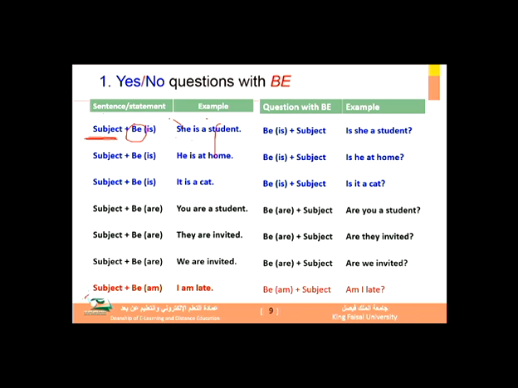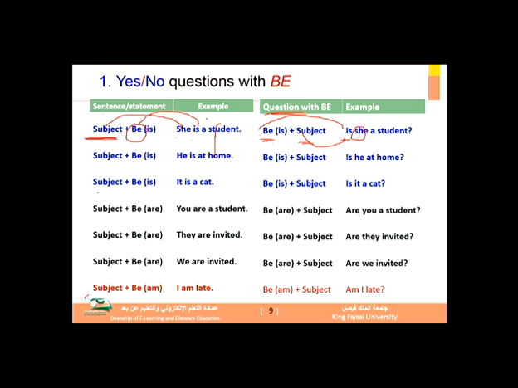So we started with the subject, then we have the verb, one form of verb to be. While in the question, it is exactly the opposite. We start with be, then we have the subject. Example: Is she a student? So is is one form of verb to be, then we have the subject of the sentence, she. So, is she a student?